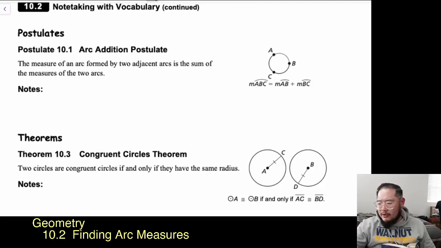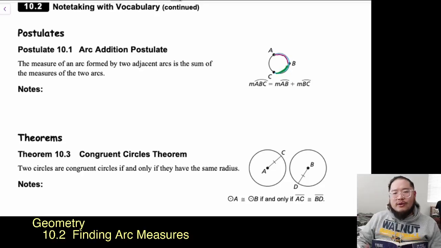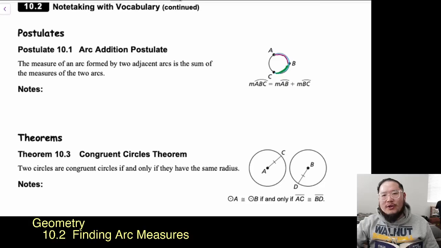The measure of arc ABC is going to be equal to the measure of arc AB, I'll go ahead and highlight that, plus the measure of arc BC right here, and I'll put that in green. So adding those 2 arcs together will get you the entire big arc. Just like the angle addition or segment addition postulate that we learned in chapters 1 and 2.